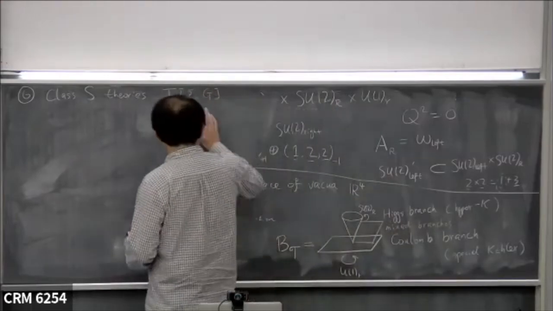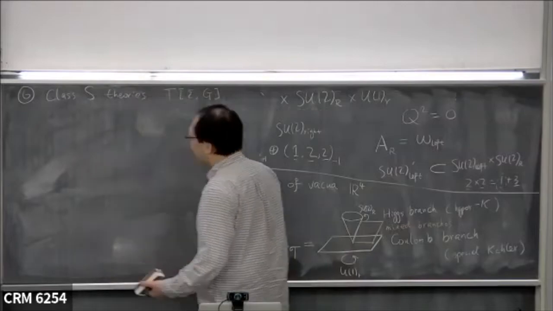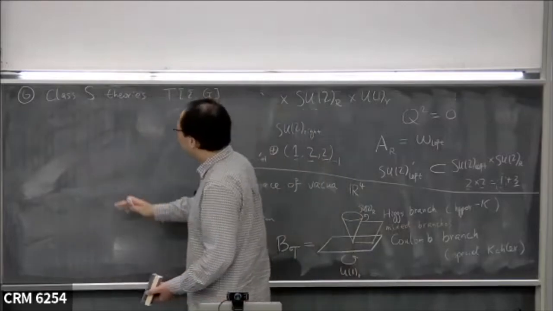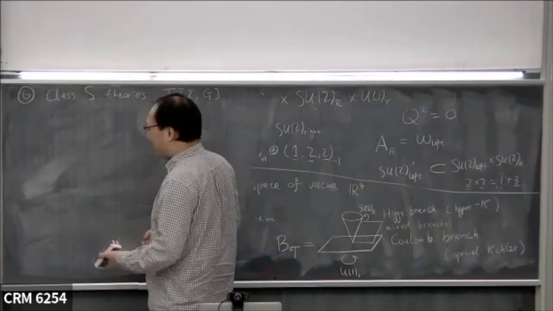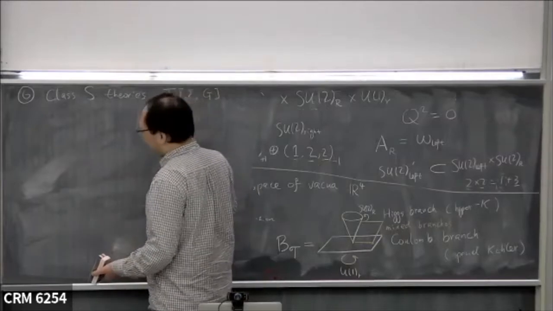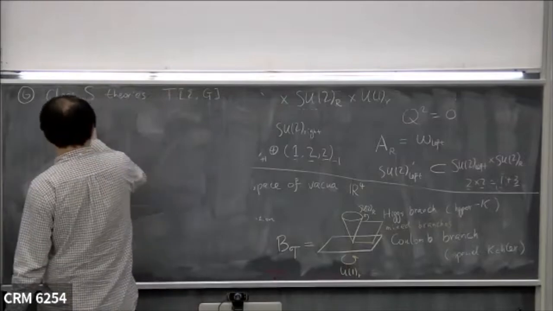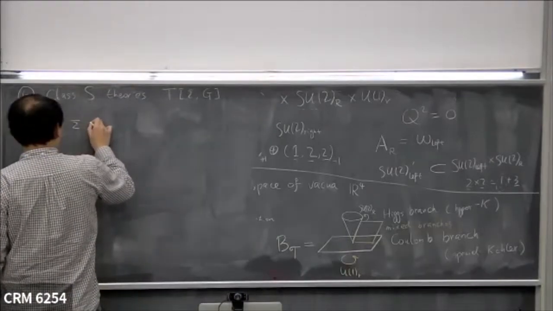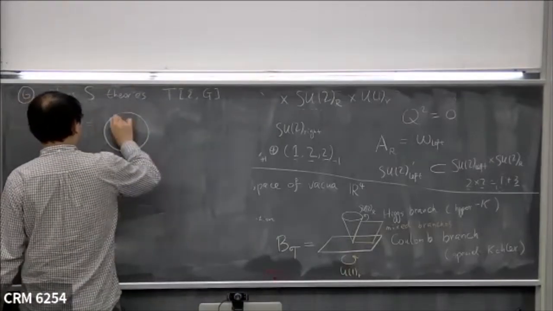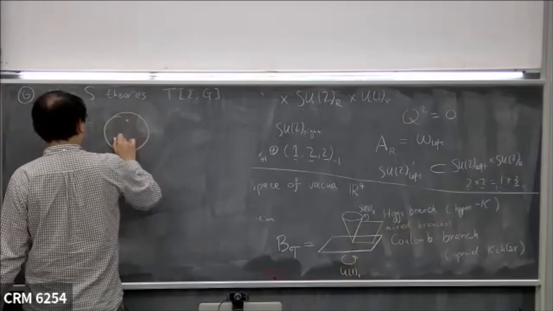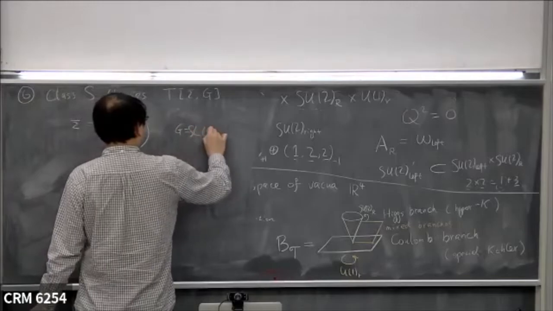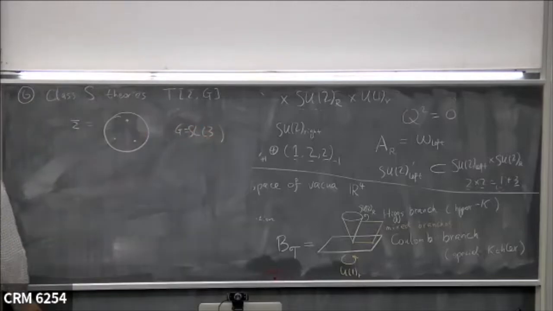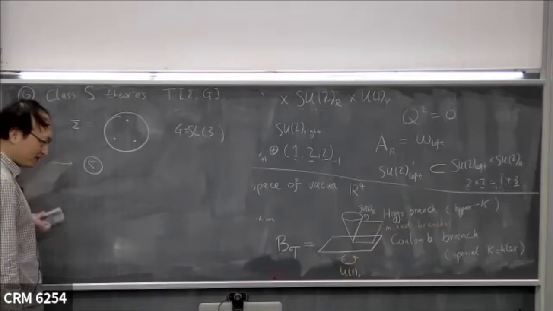I will often just omit the G when it's obvious. In fact, here one can allow sigma to have marked points. So in particular, if you take sigma to be a sphere with 3 marked points and G to be SL3, then you can get back this example. So this is a special case of the general class S theory.